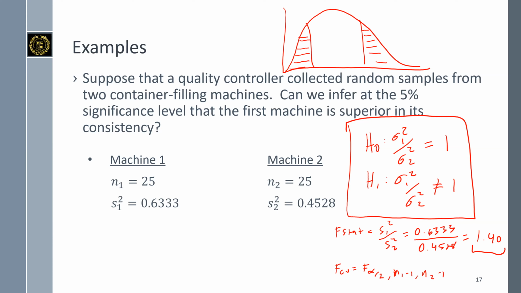So what we're going to be looking for on our table is our F critical value of F of 0.025, comma 24, comma 24. And then the other F that we're looking for, remember you need upper and lower bound. It's going to be 1 minus 0.025, comma 24, comma 24.